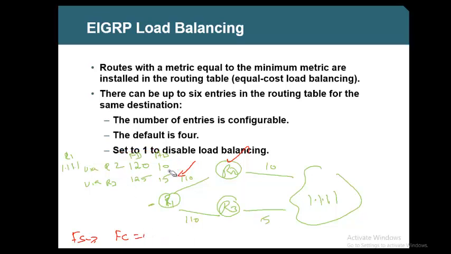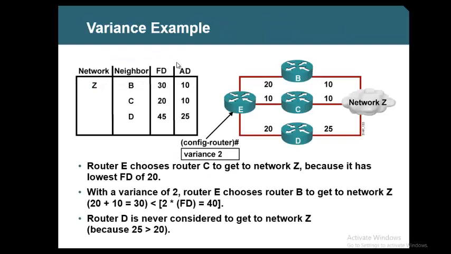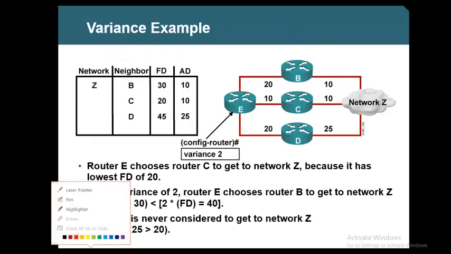Fine. Now let's go and see another example, another superb example. This is not that superb. You hear, this is what the command variance does. You go under router mode and say variance and a number. Look at this superb example.